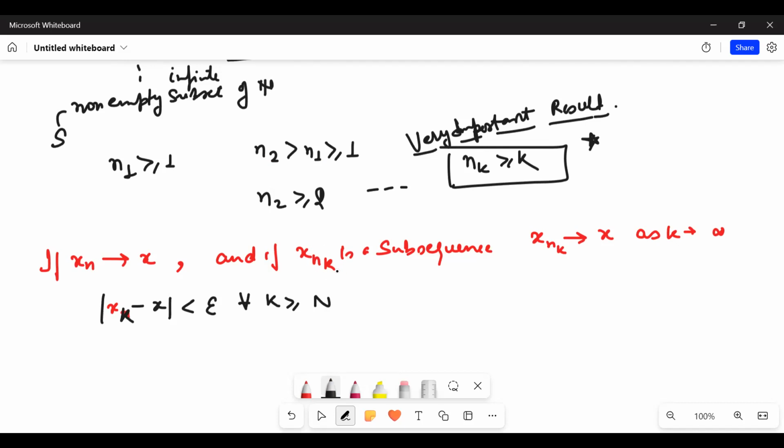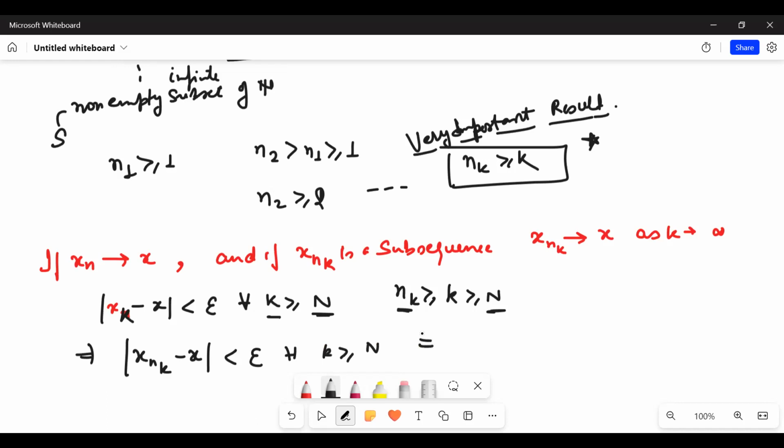So after all, this nk is an element of the subset of N. This nk in any case would be greater than or equal to k, and if k is greater than or equal to N, then nk would also be greater than or equal to N. It implies that the modulus of xnk minus x will also be less than epsilon for all k greater than or equal to N. It implies that xnk also converges towards x. Just a little bit of, not even proof, this is just a sketch of it.